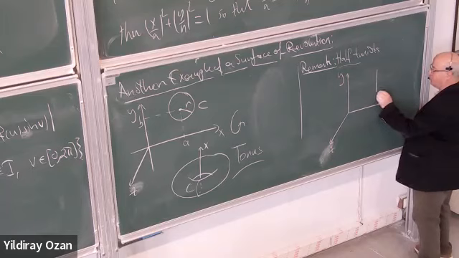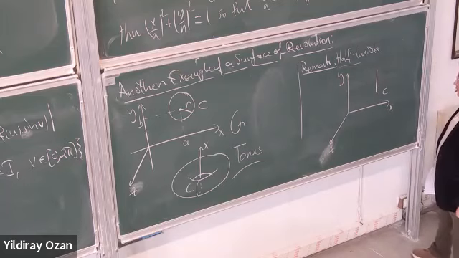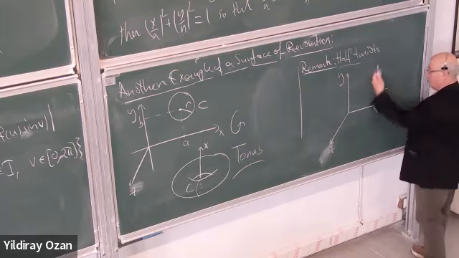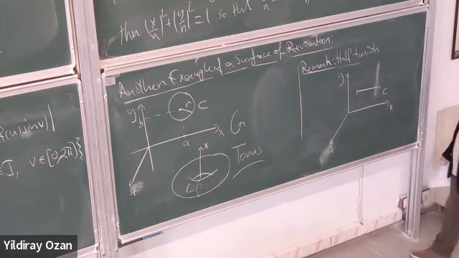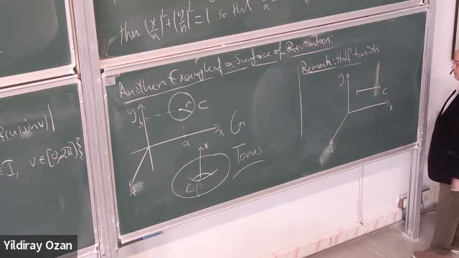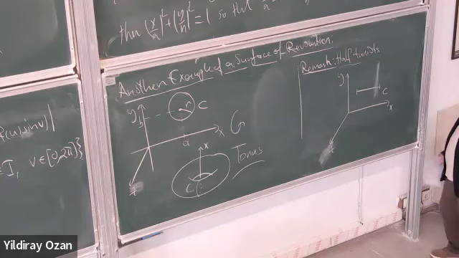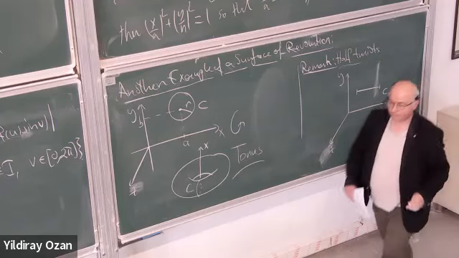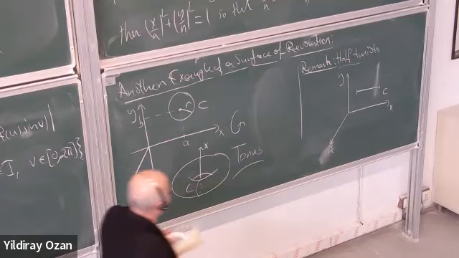So this is our curve C. Okay, just a line segment. Consider this line segment. I rotate about, no, this half twist doesn't work.